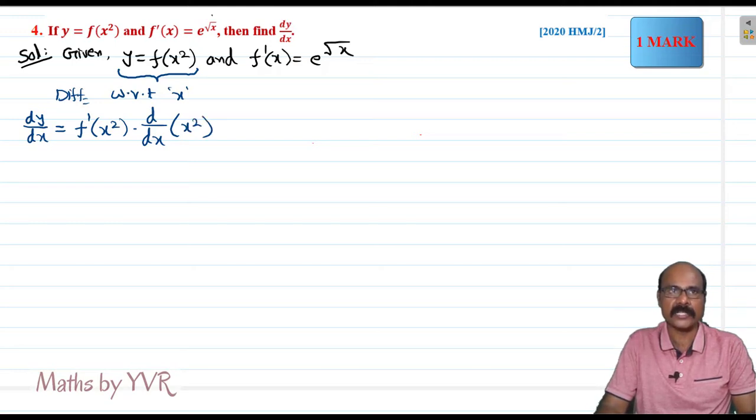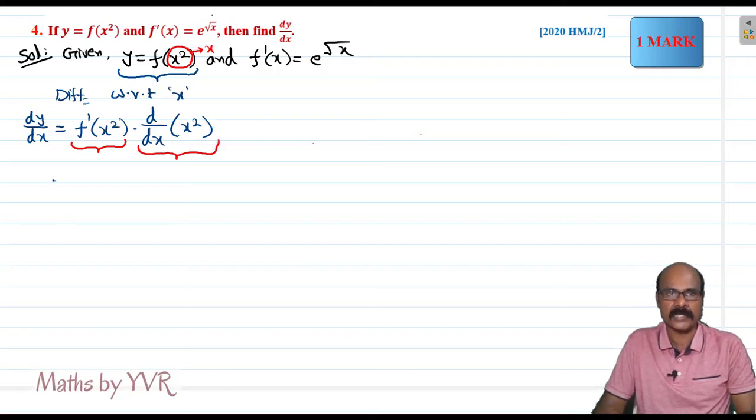So what I did, students, observe carefully. F of x derivative is f dash x square. Here x square I am considering as x. Then this is f of x. F of x derivative is f dash x square into derivative of the function we considered as x, that function derivative, that is d by dx of x square.